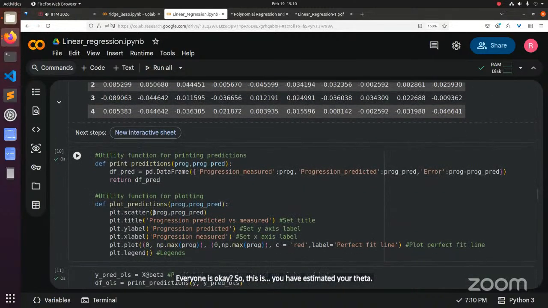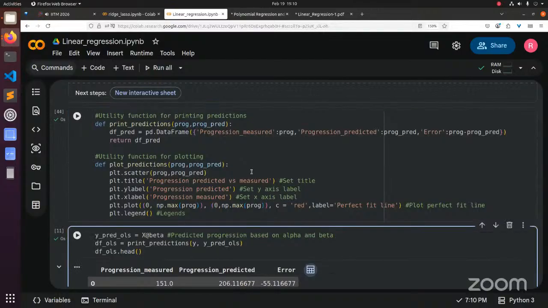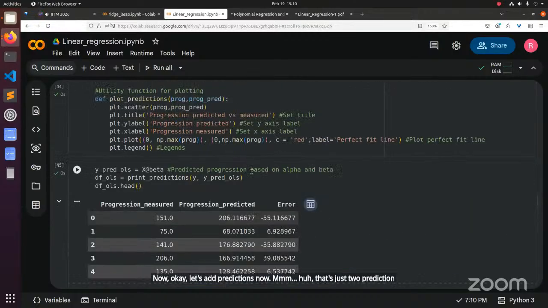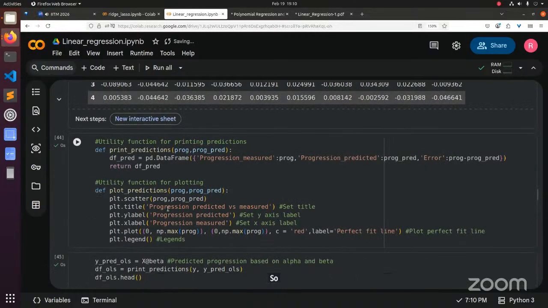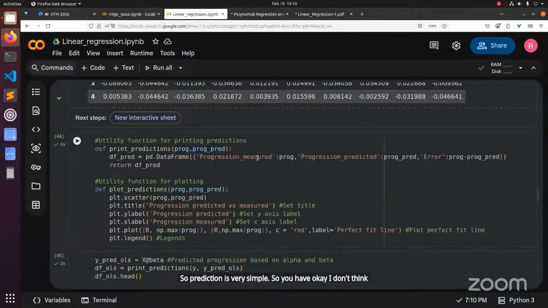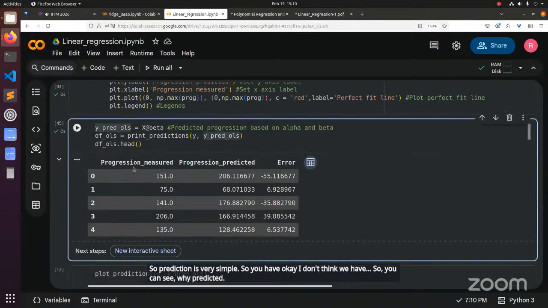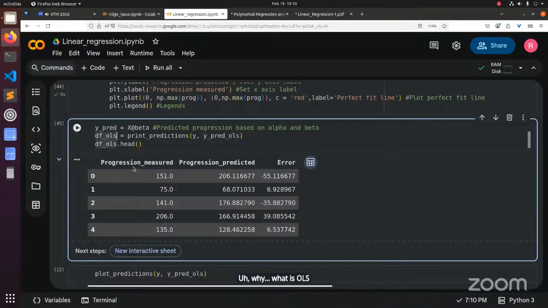Now, let's add predictions. Prediction is very simple. You can see y predicted. What is OLS? Just for the time being, forget OLS.